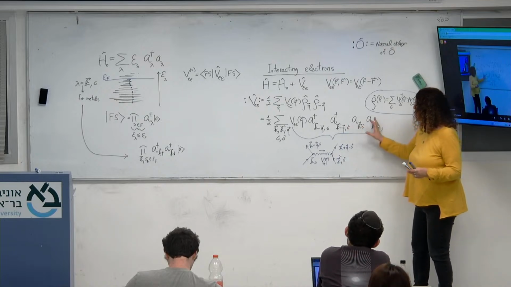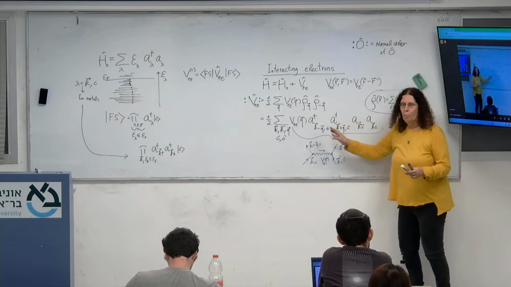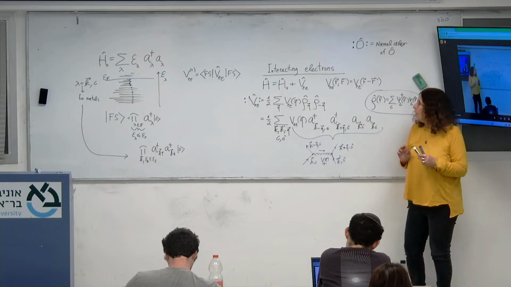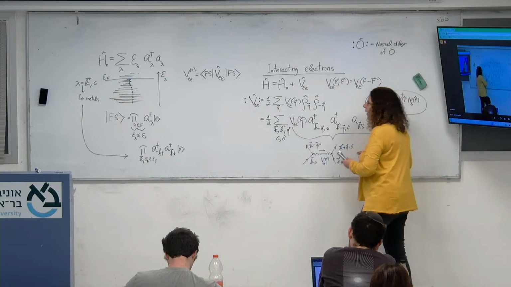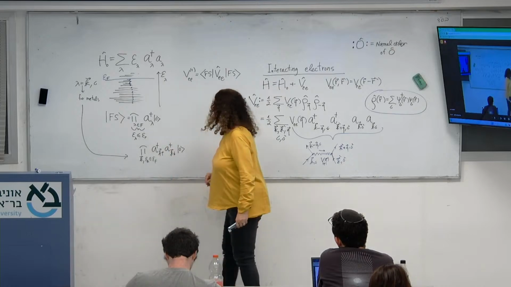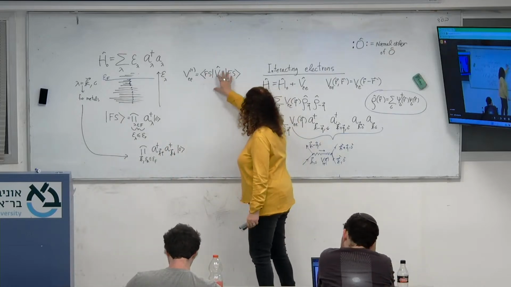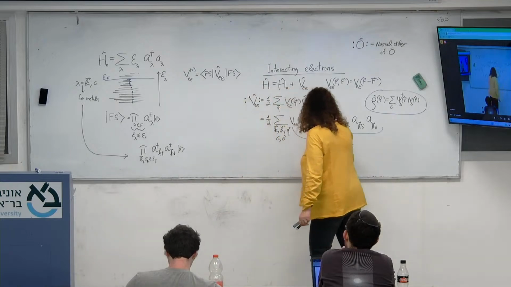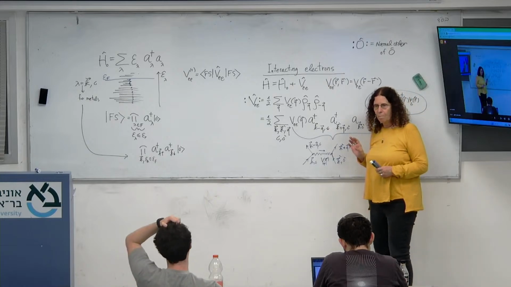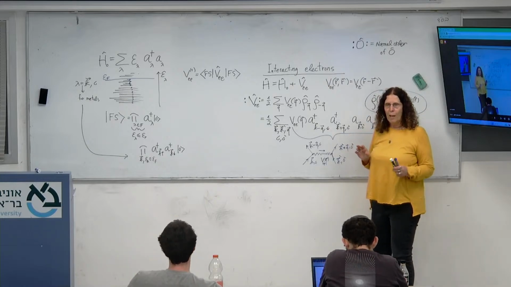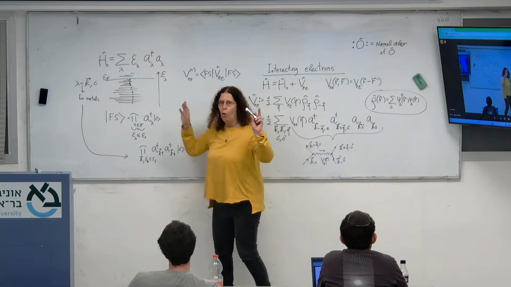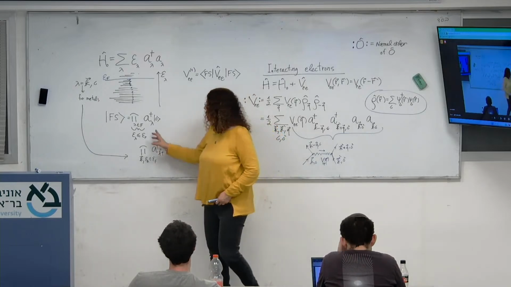Each term here changes the state of only two electrons. Then I apply it on this ground state and calculate the expectation value, so I first need to see what this operator does when it acts on my ground state. At first sight it looks like a complicated calculation, although it's actually not so much.